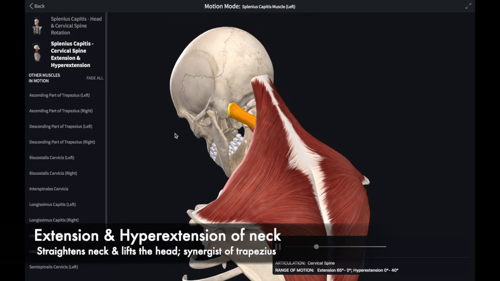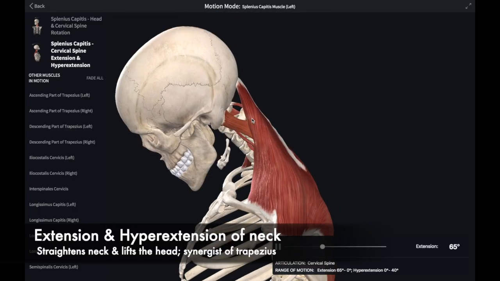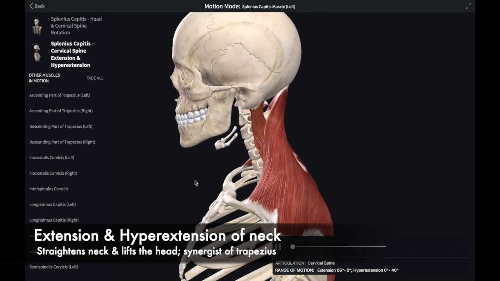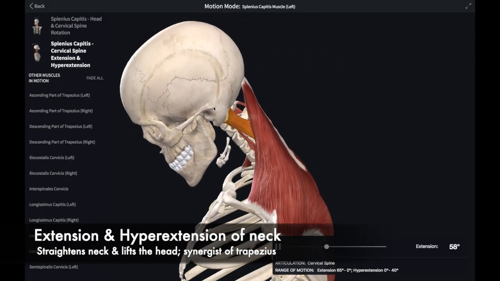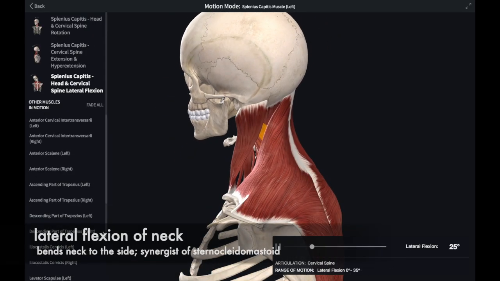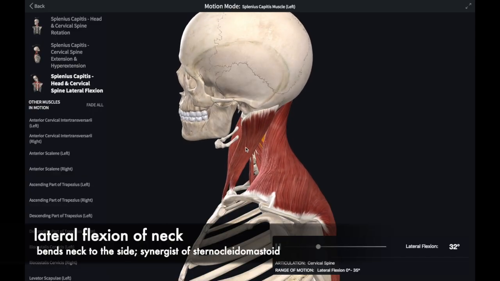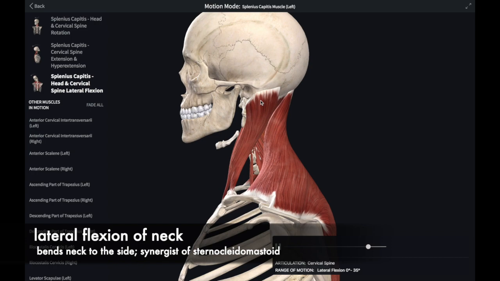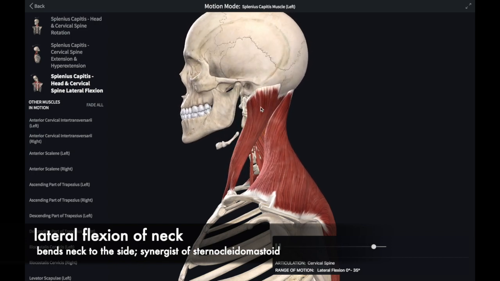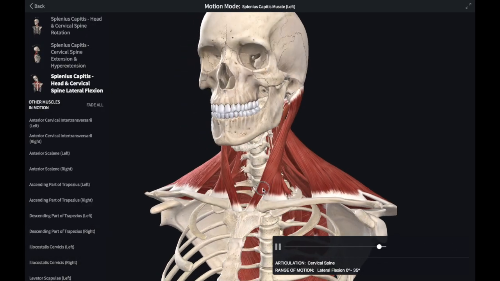One of its actions is its synergistic action, or works along with the trapezius muscle, in that it enables the extension of the head or neck as well as the hyperextension. Now this is one where it has a synergistic action or a similar action to our sternocleidomastoid, and that is also going to cause a lateral flexion of the neck as well.